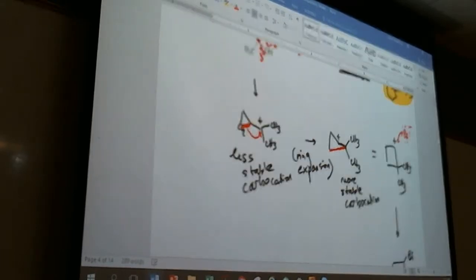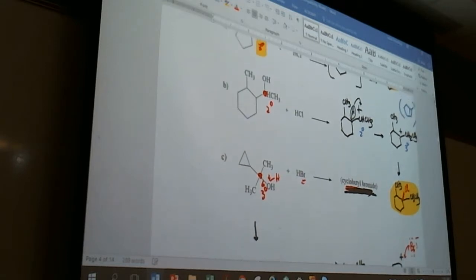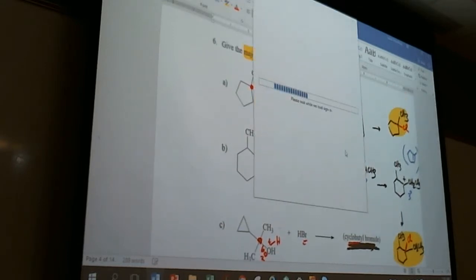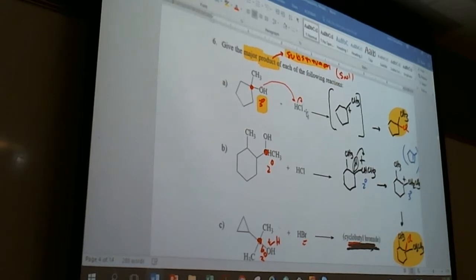Okay, yeah. So the last exercise we did, we were looking at what happens when you are trying to form an alkyl halide, and we said HCl or HBr only work well for tertiary halides.